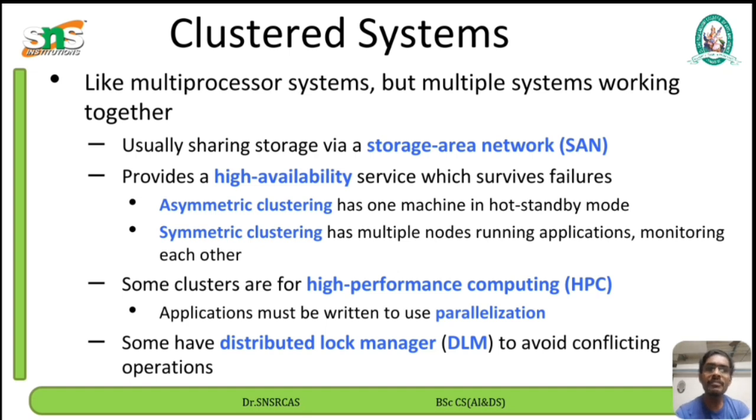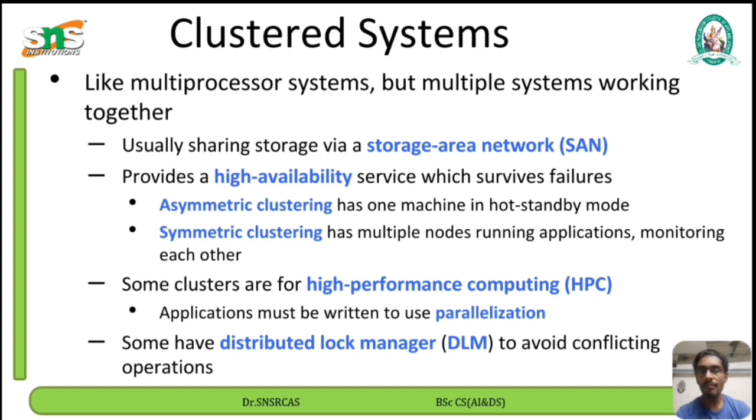The basic advantage of this clustered concept is that it provides a high availability service, which survives failures. Here also there is a concept of asymmetric and symmetric clustering. In asymmetric clustering, one machine is in hot standby mode, whereas symmetric clustering has multiple nodes running applications and monitoring each other, doing multiple tasks at the same time.